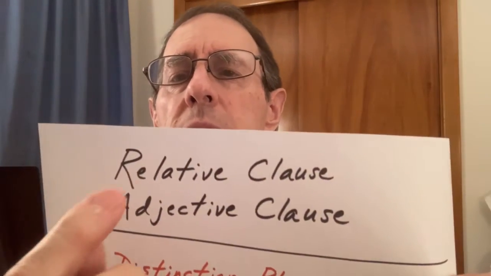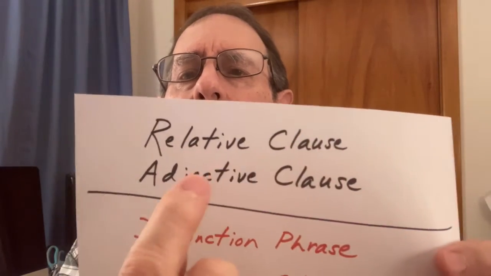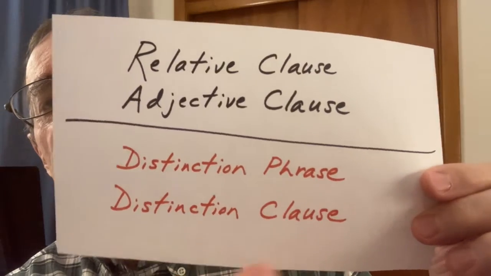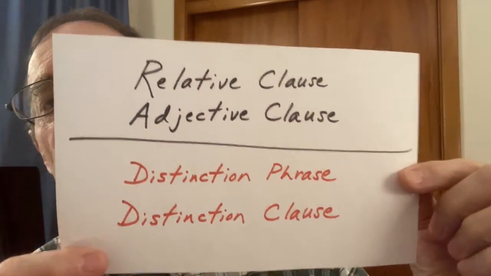Now getting back to the terms that are used in traditional and even contemporary grammar, they call these things relative clauses, or they call them adjective clauses. I call them distinction phrases and distinction clauses. I think I did such a good job on this, without sounding arrogant, that someday someone will refer to these clauses by my new terms. I think it's going to happen.